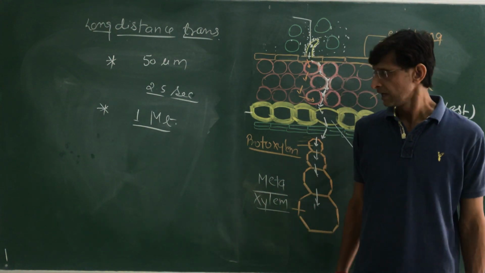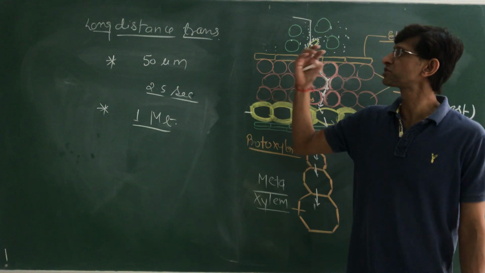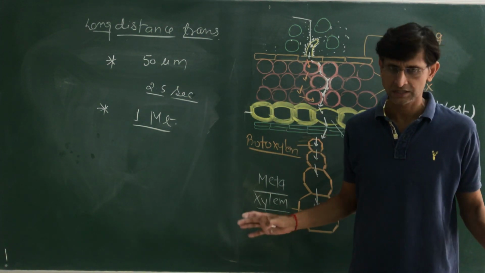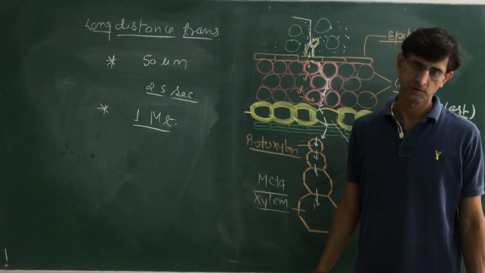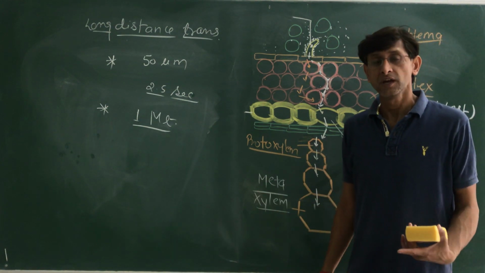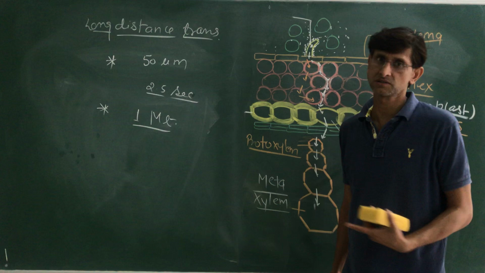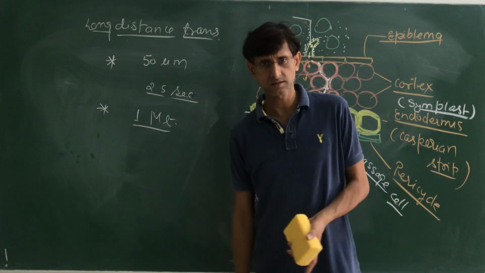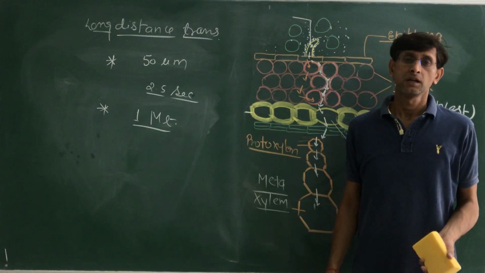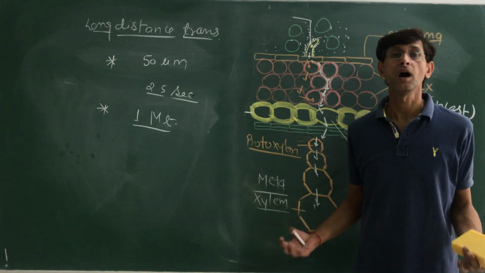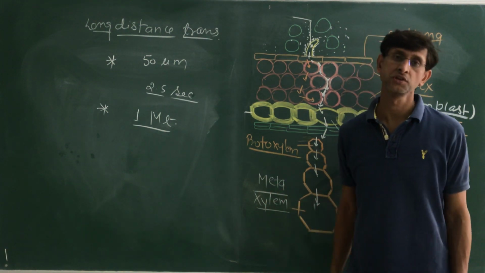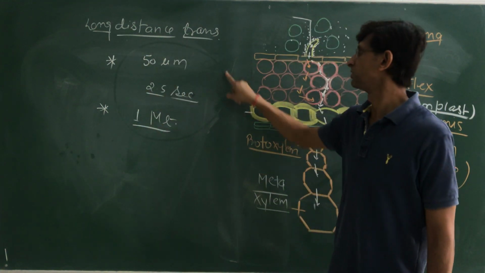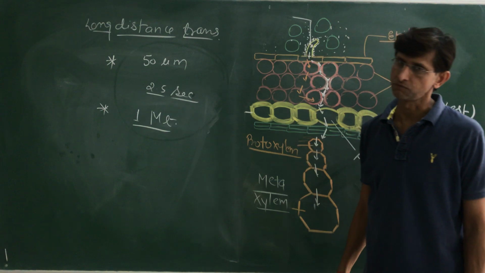The factors helping in short distance transport are quite useless for long distance transport. So which factor helps in such long distance transport, and how long can this distance be? This distance can be up to 100 meters in a few plants. For this distance, such factors are not going to be helpful.